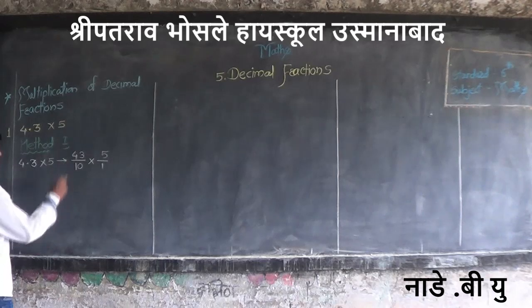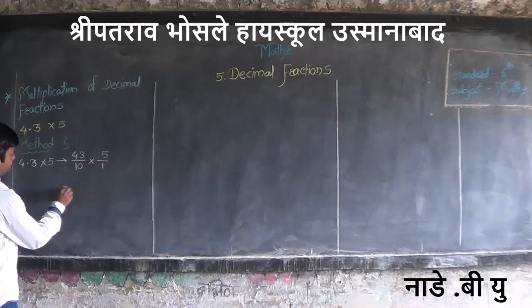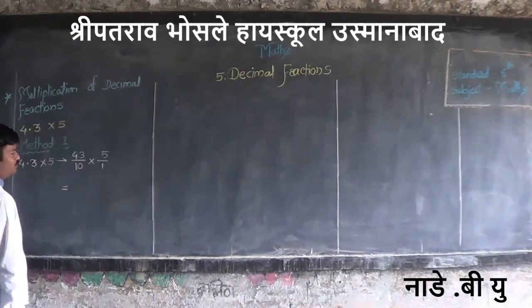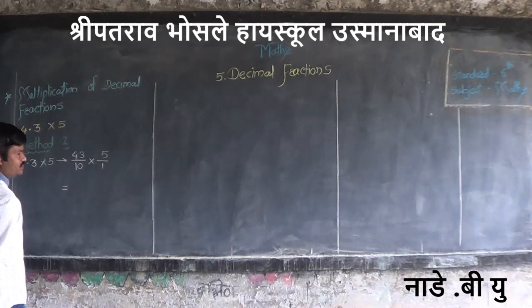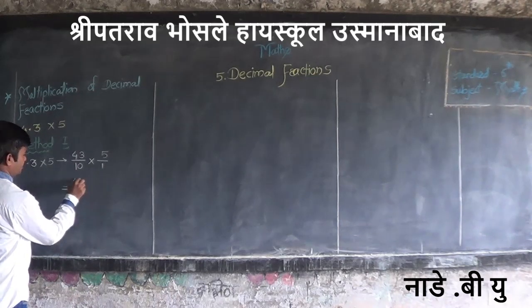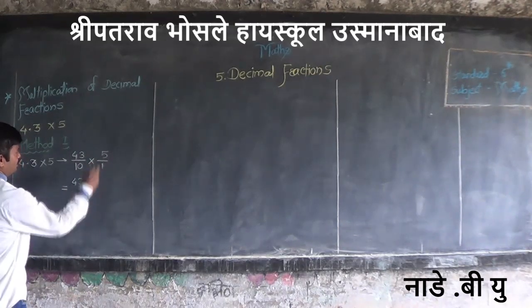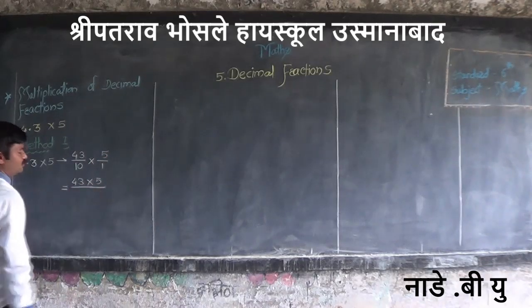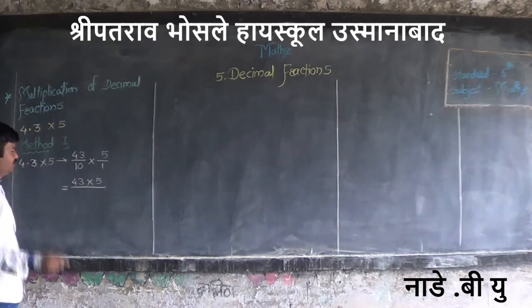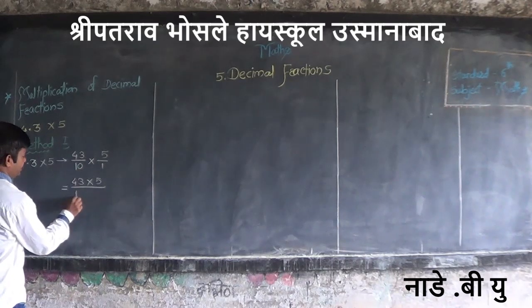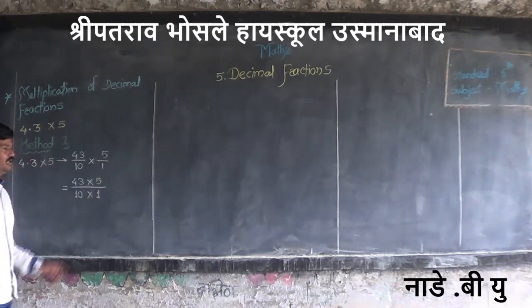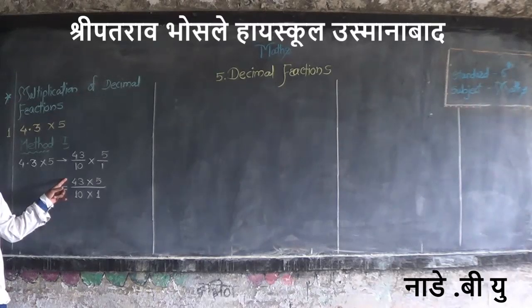In the first common fraction, 43 upon 10, the numerator is 43. In the second, the numerator is 5. Here is the multiplication of numerator into numerator. The denominators are 10 into 1.